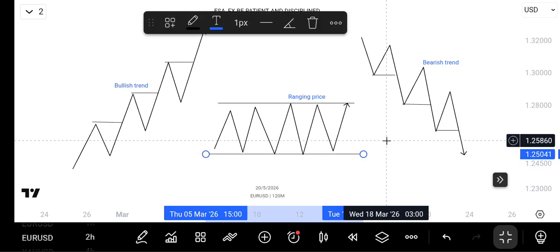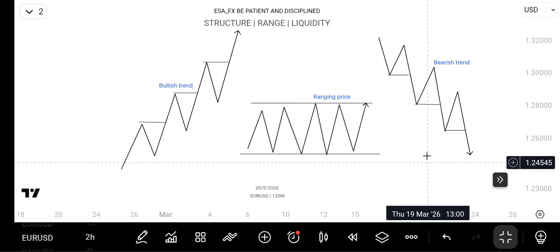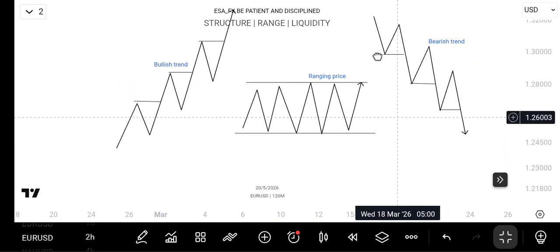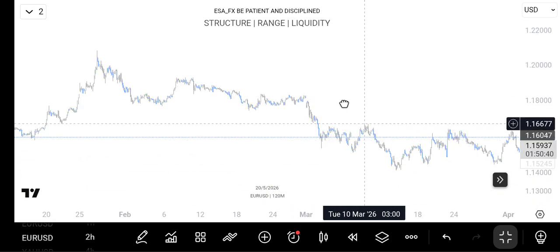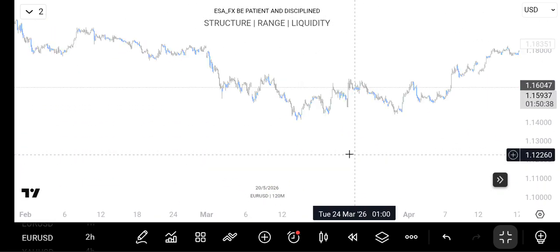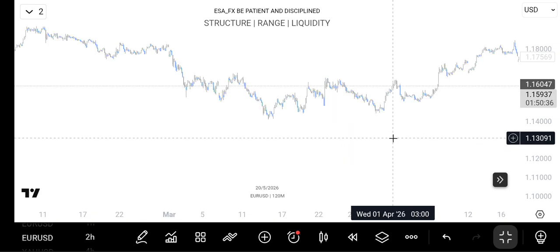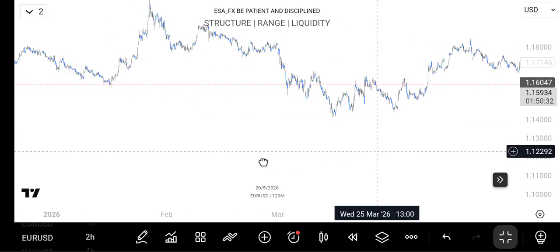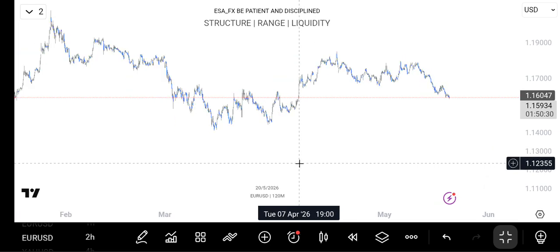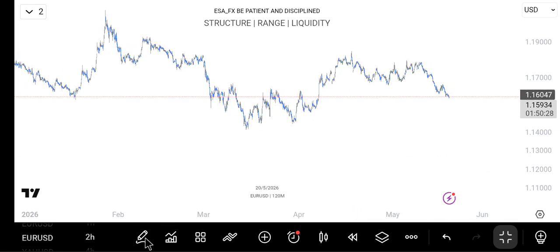Let's go over to the chart and see examples. This is Euro USD on the 2 hour time frame, 120 minutes. So notice something. Just by looking at this, you could easily spot both the bearish and the bullish trend.